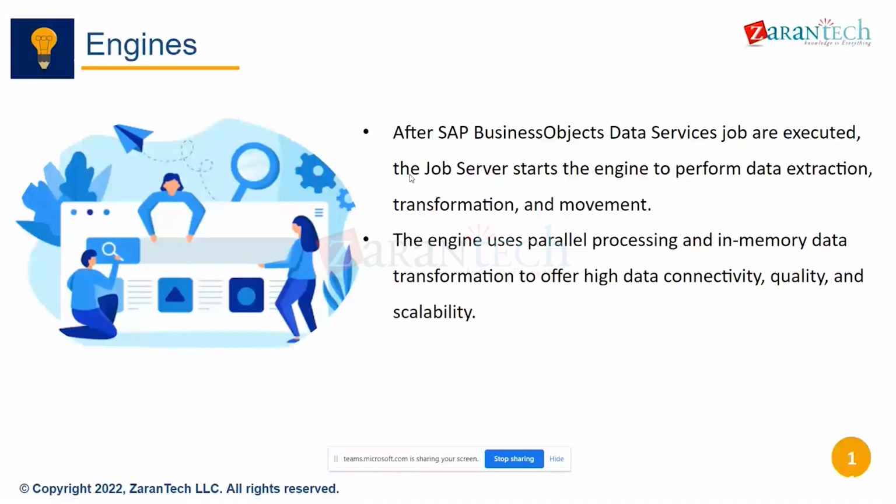Whenever we configure our BODS, it is based on our project size. I'm not talking about people, I'm talking about how many jobs or how much data we are going to handle. Based on that, 3 to 4 job servers have to be configured in the designer.